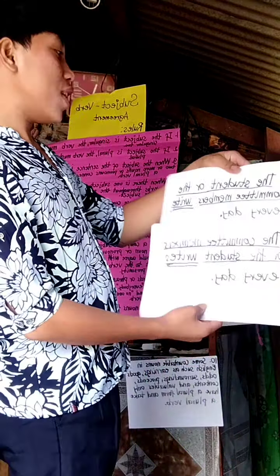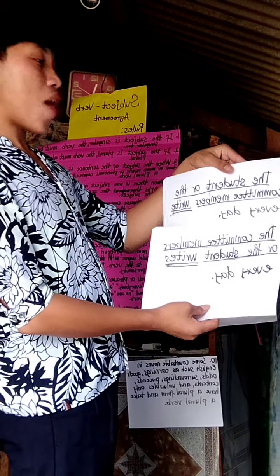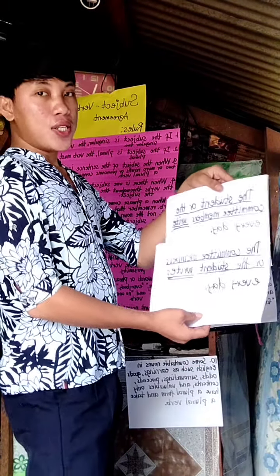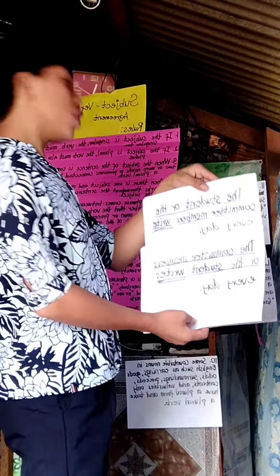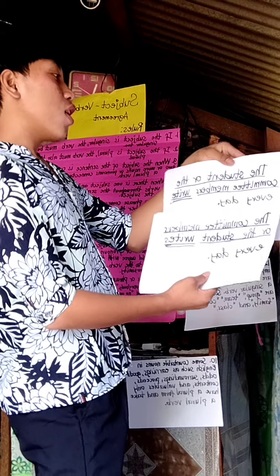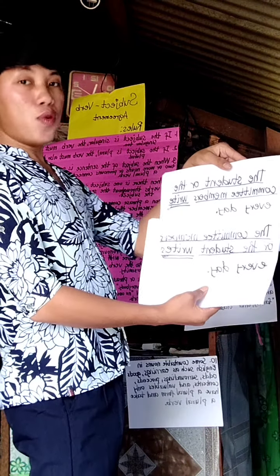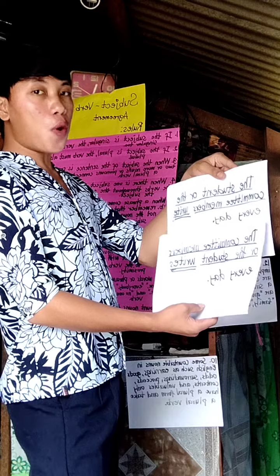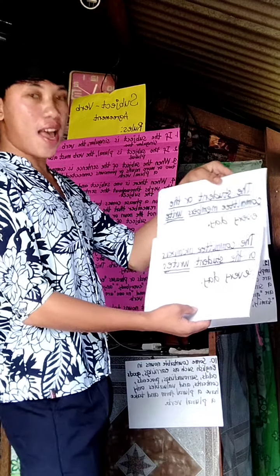The student or the committee members write every day. According to rule number 7, the subject that is close to the verb, that is proximity. So obviously, the subject is the committee members, which is plural. So that's why we use a plural form of the verb, which is "write" without S.